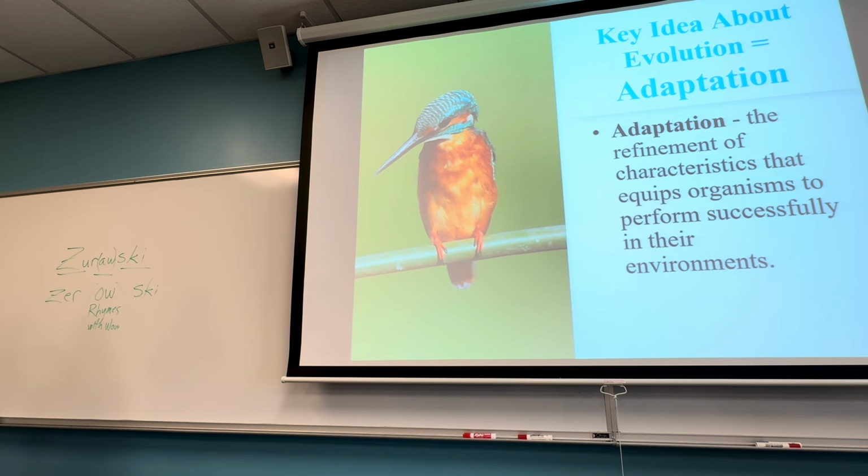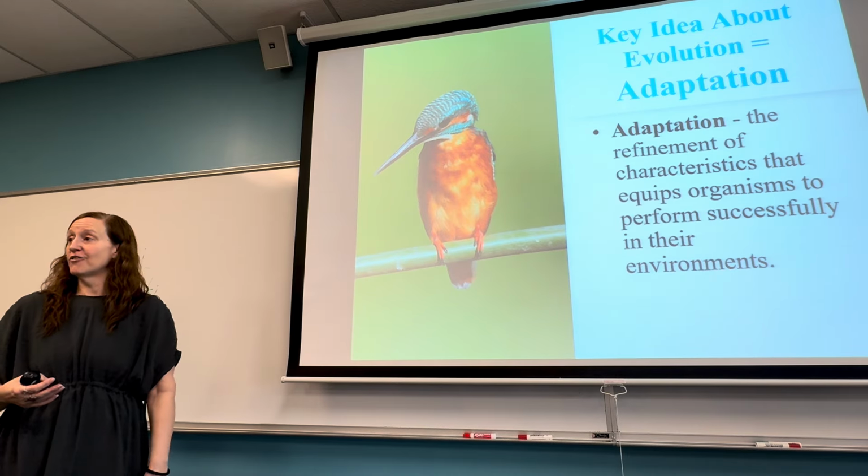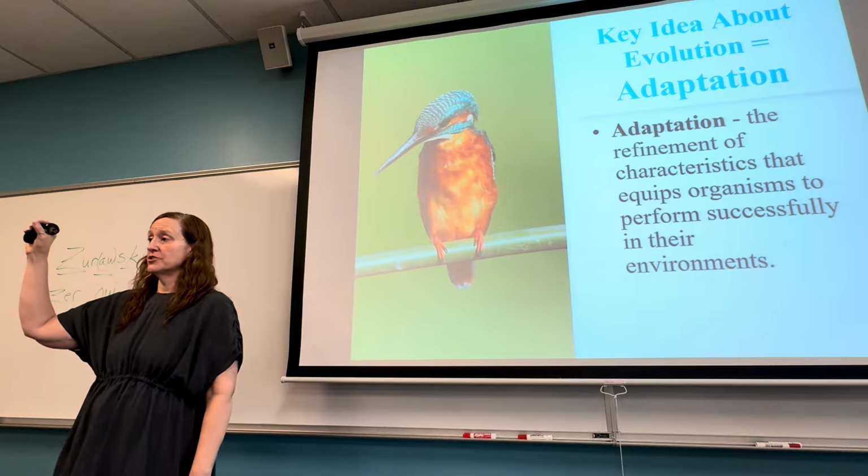If you are having a difficult time surviving, is it a good idea to reproduce? No, right? And so traits that are not favored in the current environment, those individuals struggle to survive, therefore they struggle to have offspring, and that trait starts to go down in percentage over time. But the traits that are favored in the environment, that are naturally selected for, go up in percentage over time.